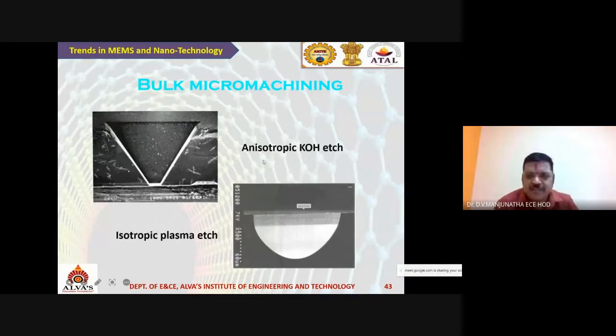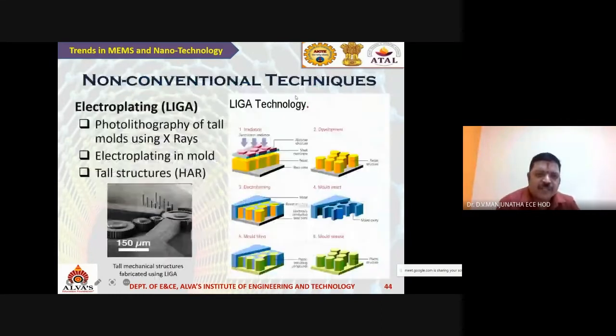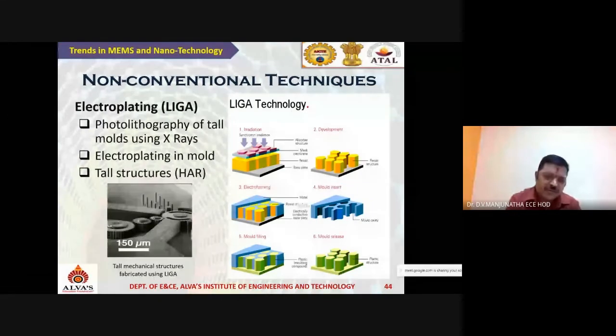These are the two methods we use in bulk micromachining. There are conventional techniques and non-conventional techniques. These are all the fabrication details. If you want to understand fabrication, you have to handle it, and you have to visit many fabrication foundries, then you will understand all this very well.